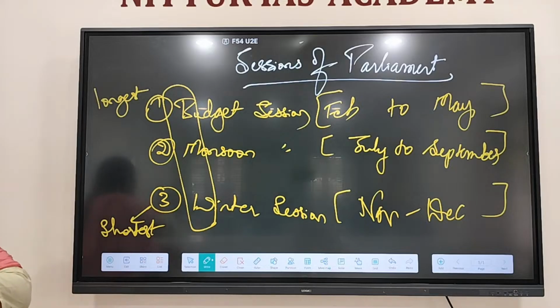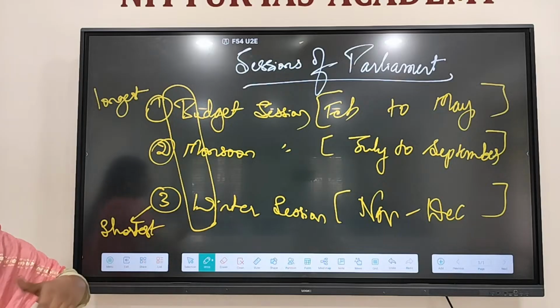Then they will vote on every expenditure and every income for each sector, and finally, through voting, it will be implemented. Announcing is one thing, but implementing it is a huge task.